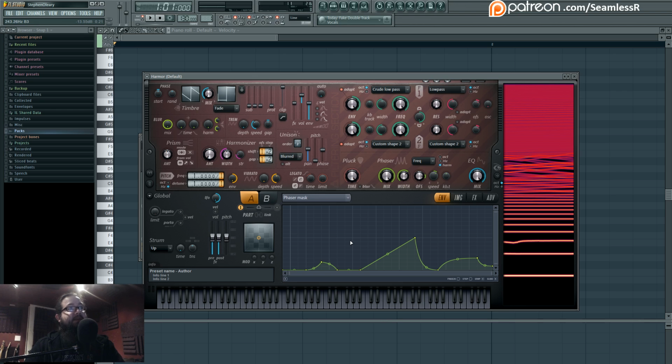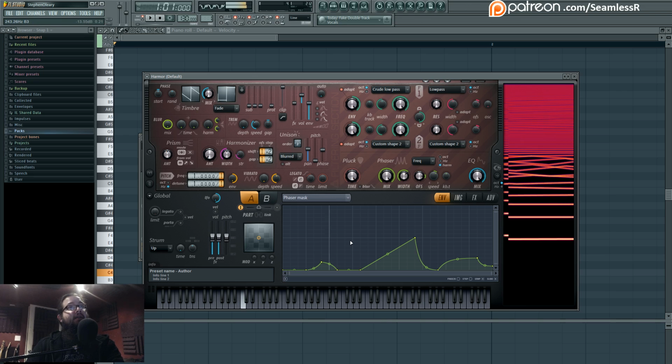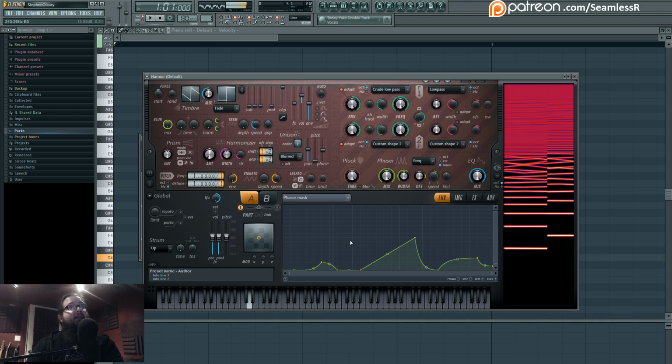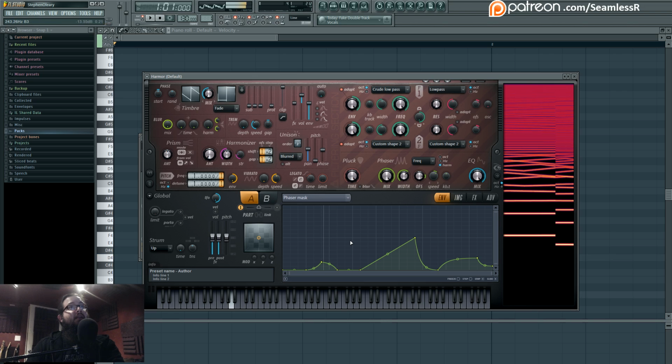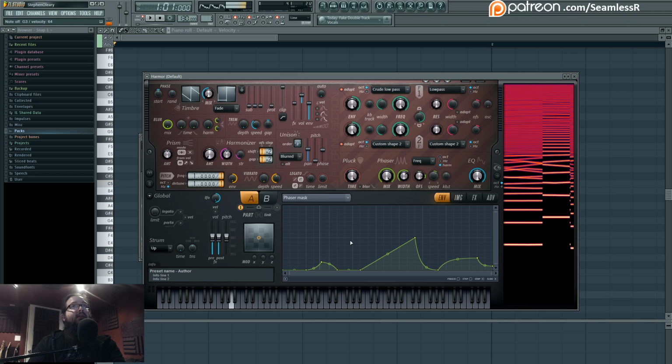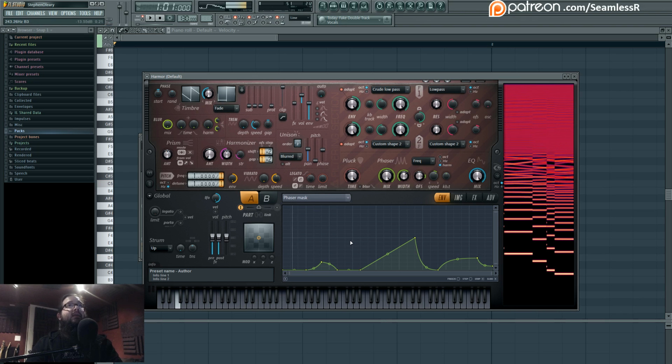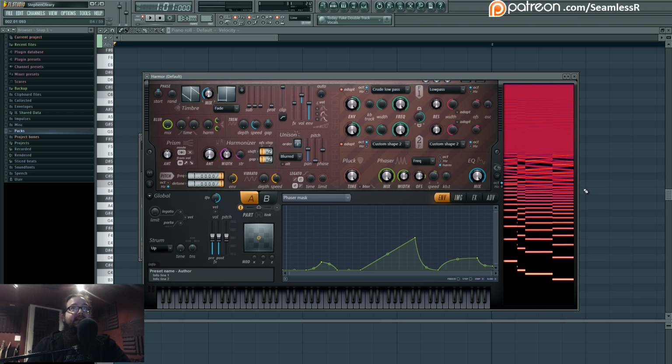It's the spectrum. So if I play a high enough note, essentially what I'm showing here is that it doesn't change the position of the phaser's effect based on note value. It just changes it based on the position of the spectrum, which no matter what the notes are doing, the section of the spectrum is always that same section of the spectrum. I hope that made sense.